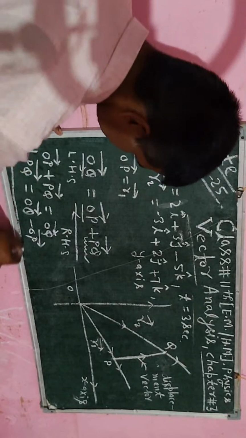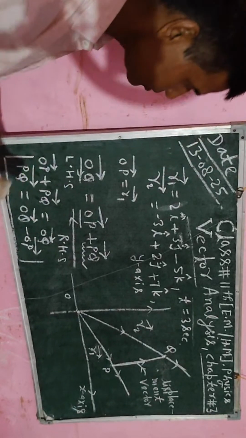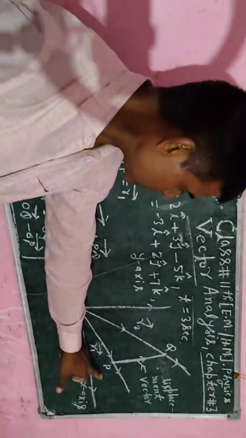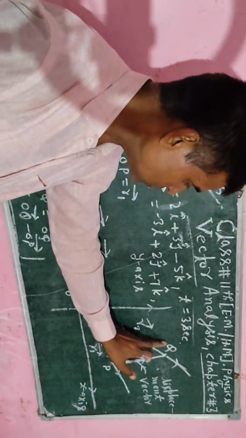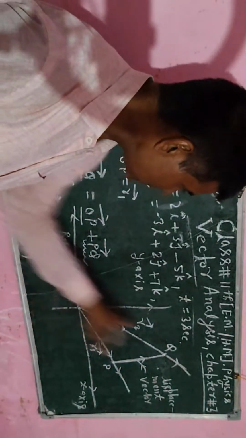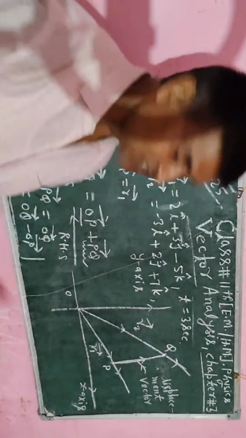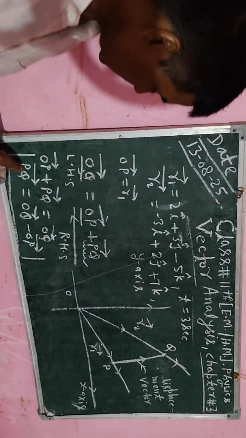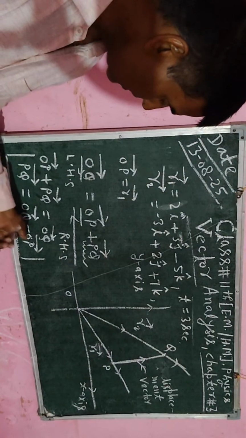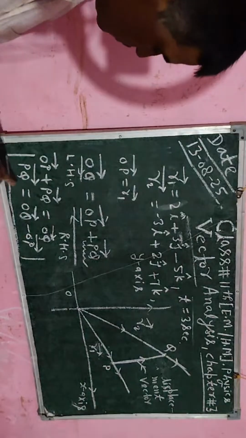So this is the required information. In other words, this is the formula if we have to get the position vector from P to Q: that will be vector OQ minus OP. This is the resultant. So PQ is equal to OQ minus OP. This is the required formula.